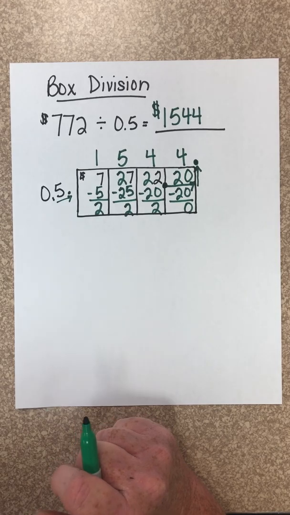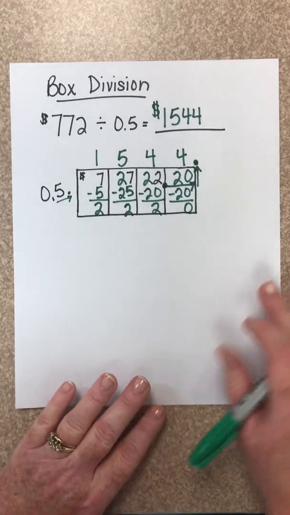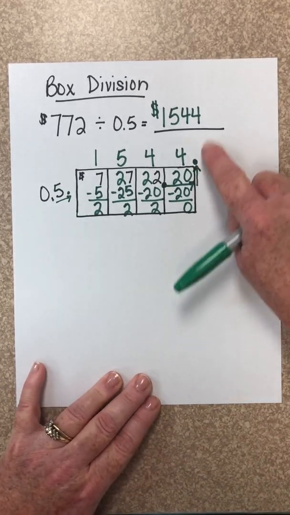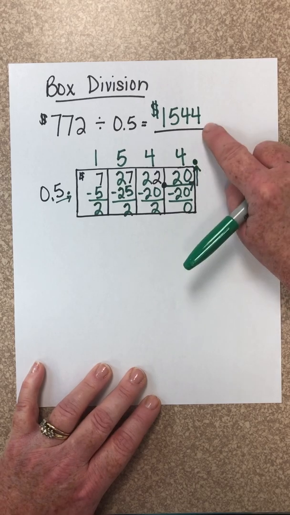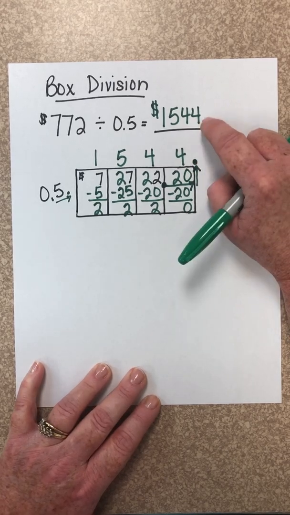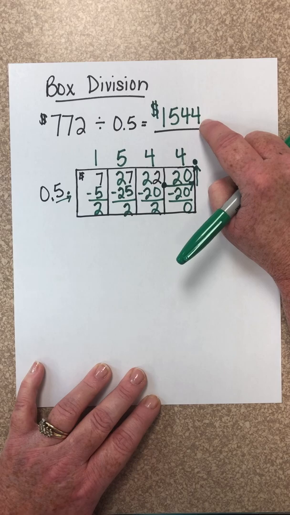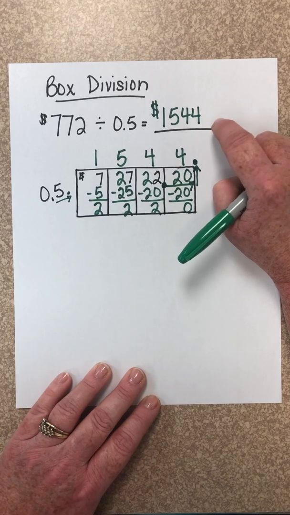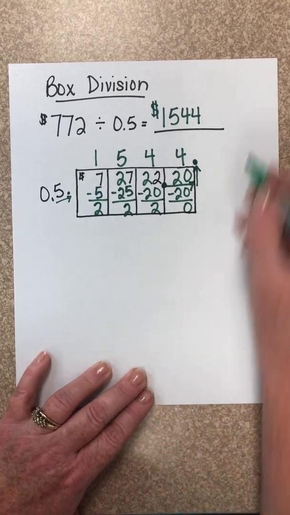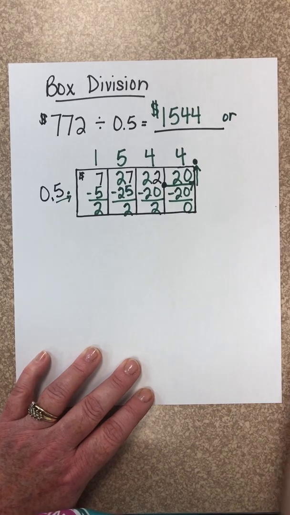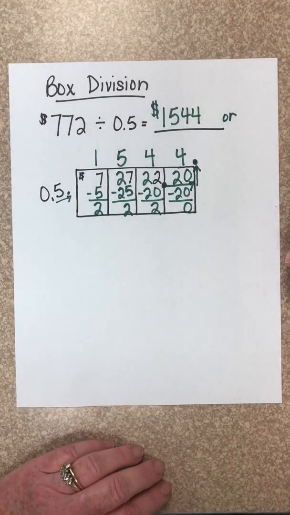Now let's talk about how else we can write this answer. Because look, it looks like we need to put a decimal point there. You only put the decimal point in this answer if you're going to show the 2 decimal places after. So I'll show you. I am so sorry, there's the bells again.